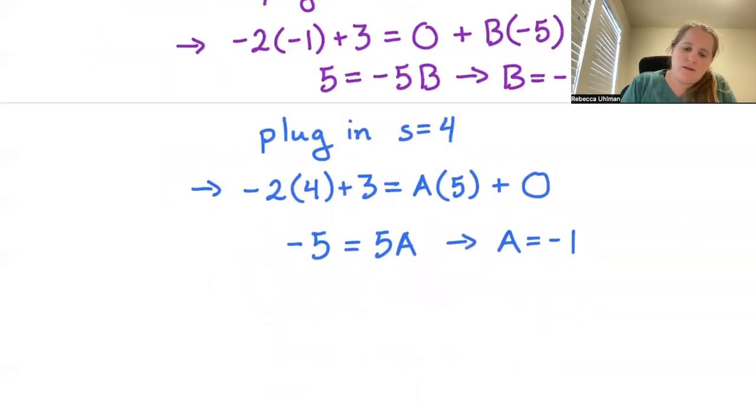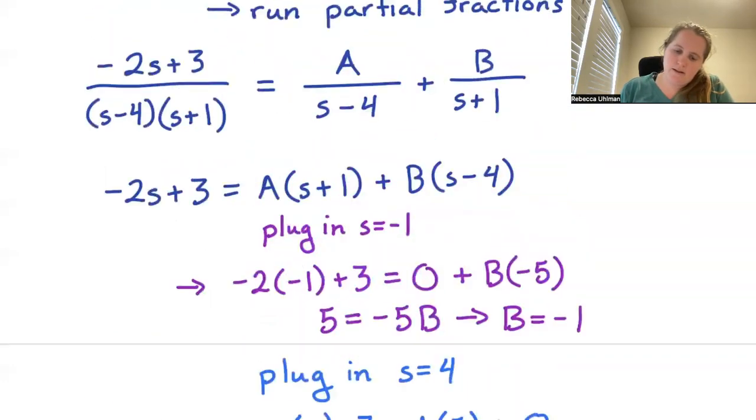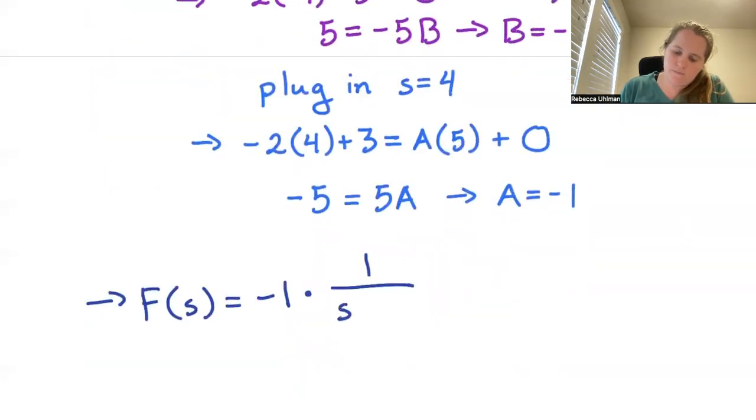So we have then that our capital F(s) can just be written as negative 1 times 1 over (s minus 4), minus 1 times 1 over (s plus 1).